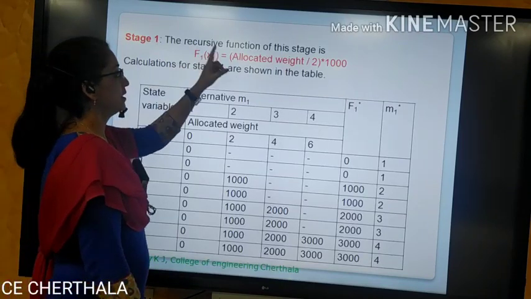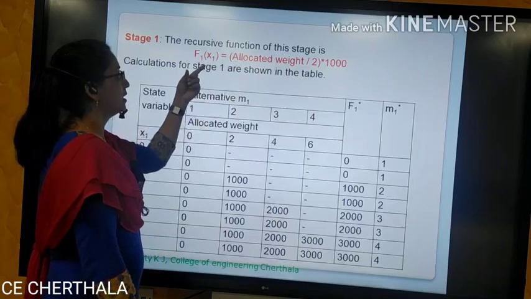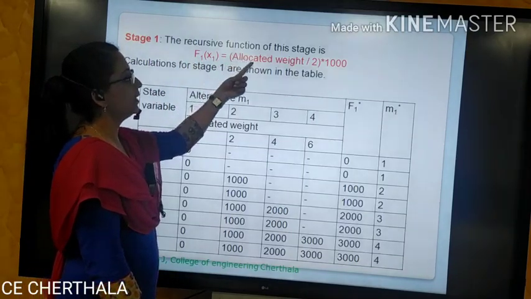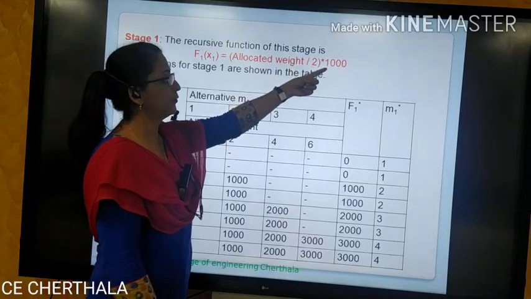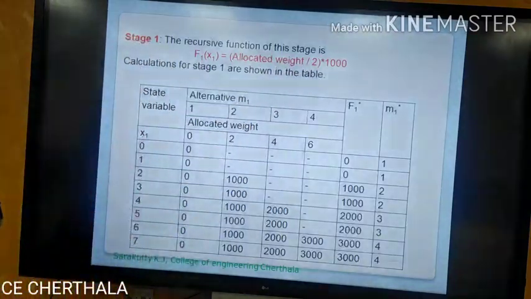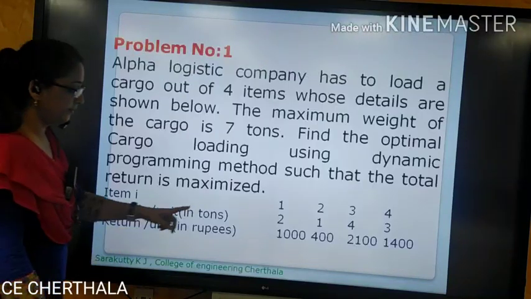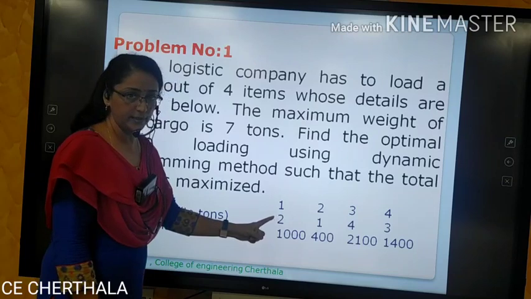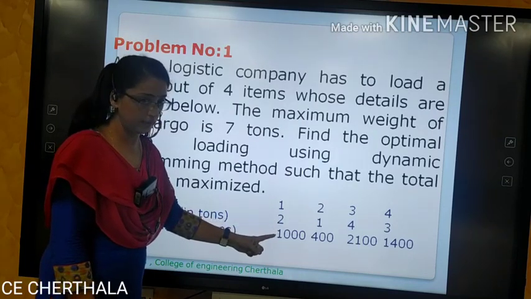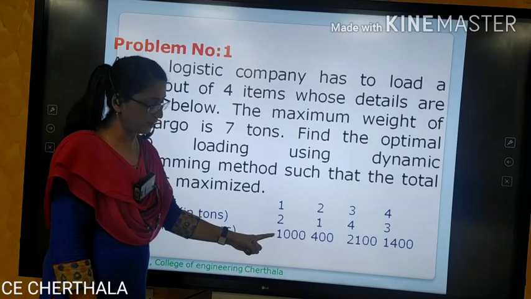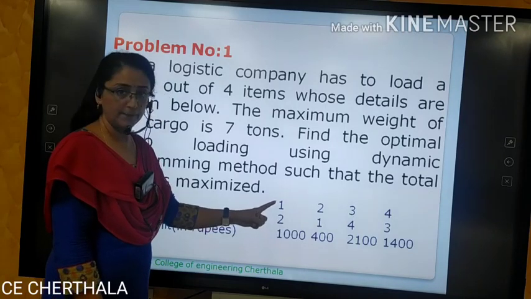The return with respect to item number 1 is allocated weight by 2 into 1000, because item number 1 has weight 2 tons and the return is 1000. So allocated weight by 2 into 1000 is the return of item number 1.